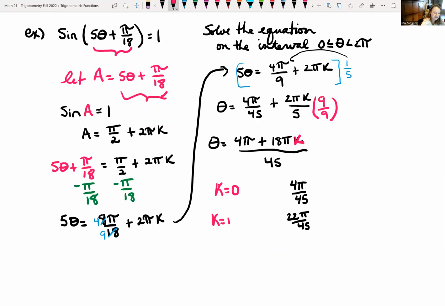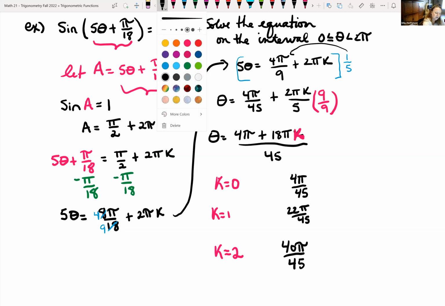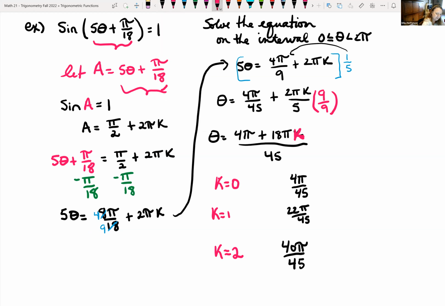Now k equal 2. Here, 2 times 18 pi, 2 times 18 is 36, 36 plus 4 pi is 40 pi all over 45. I can see it's going to be too big soon, but let's just show it.